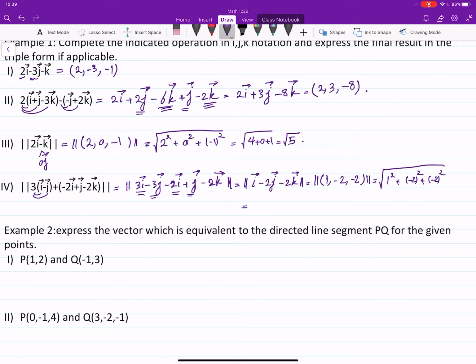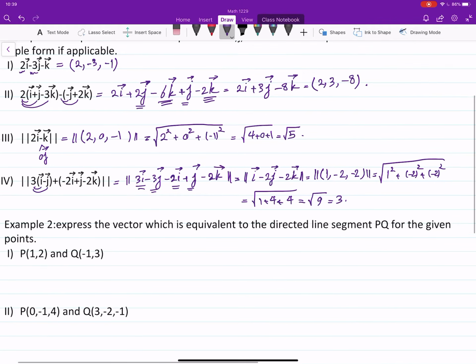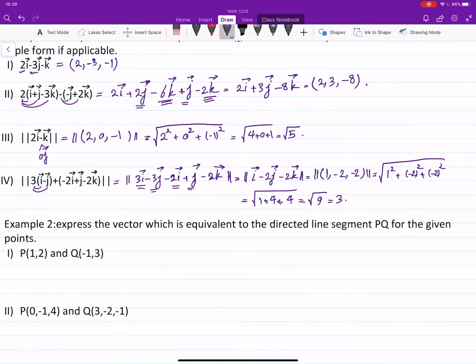This gives us the square root of 1 plus 4 plus 4, which is the square root of 9, and that is 3. So those are just different vector operations, and we did everything in terms of I, J, K, and then the final result.